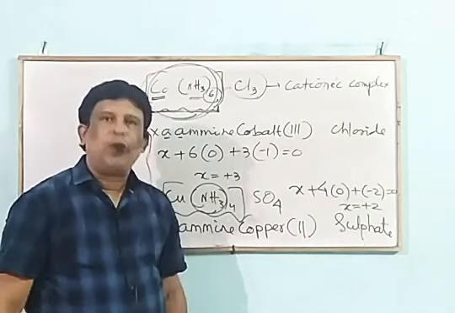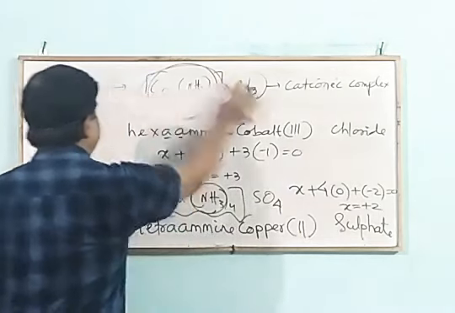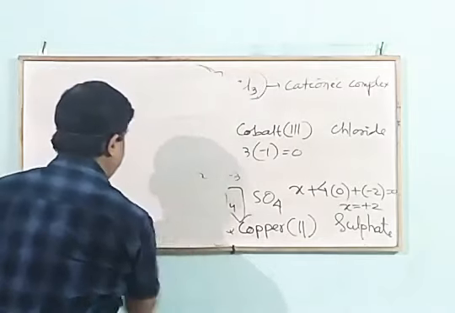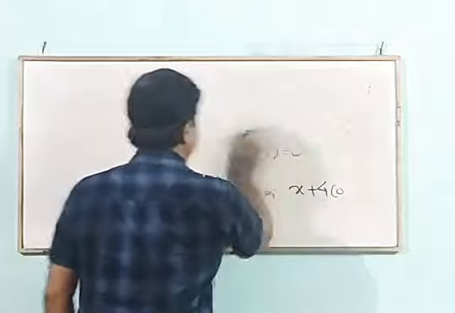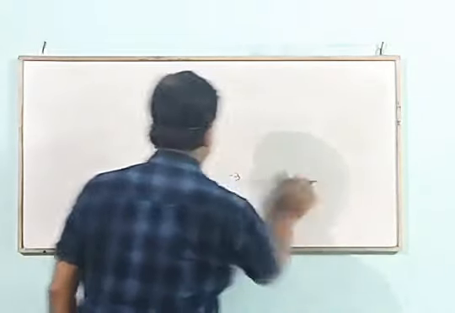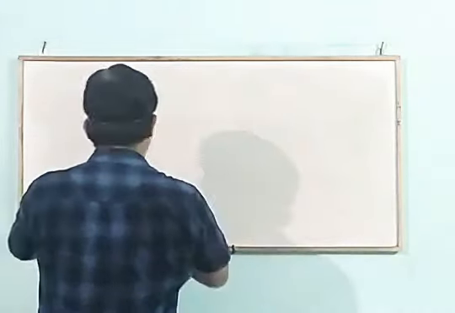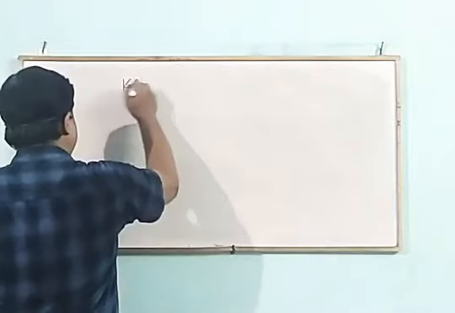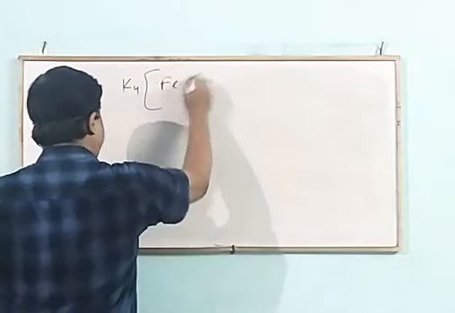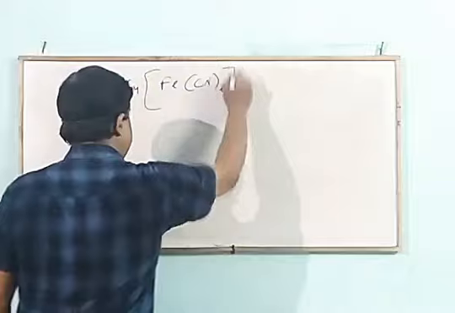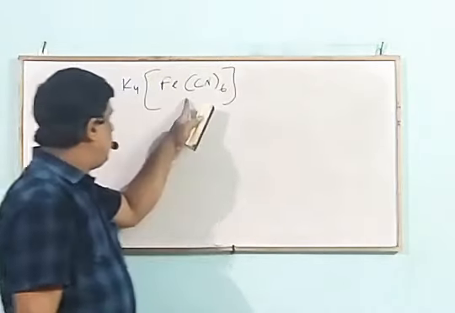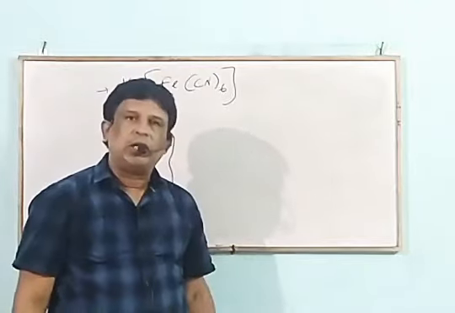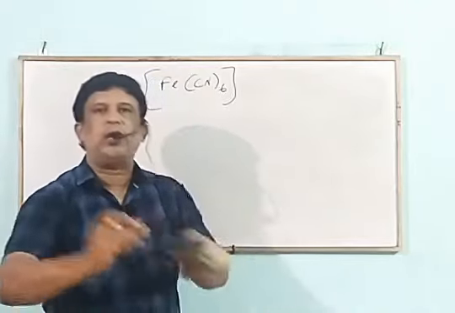Let us take one example of an anionic complex. K4[Fe(CN)6]. Mark that. It is the anionic part, an anionic complex. So whatever may be the nature of the complex, first the cation followed by the anion.